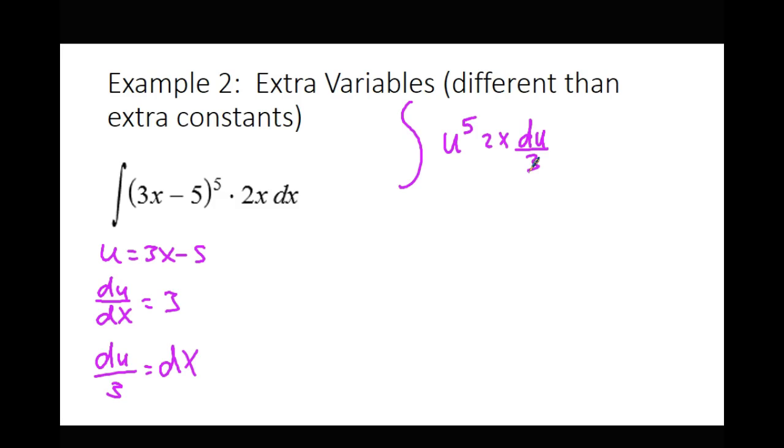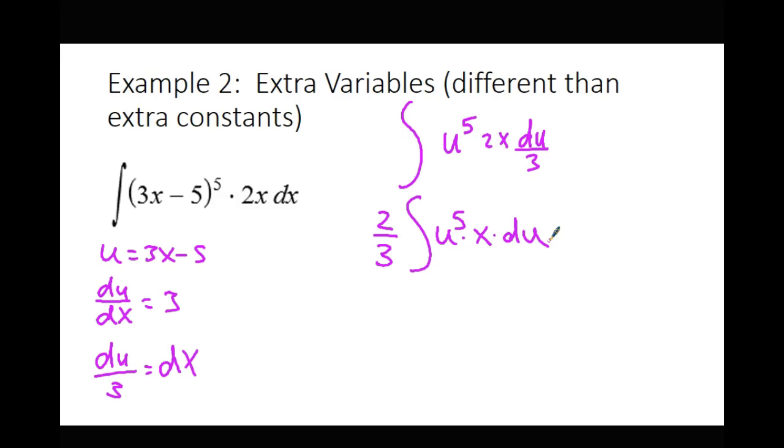Okay, so the 2 and the 3, those are constants, right? I could just pull those out to the front. But the problem is we have this extra x in there, and we can't have that. They all need to be used.